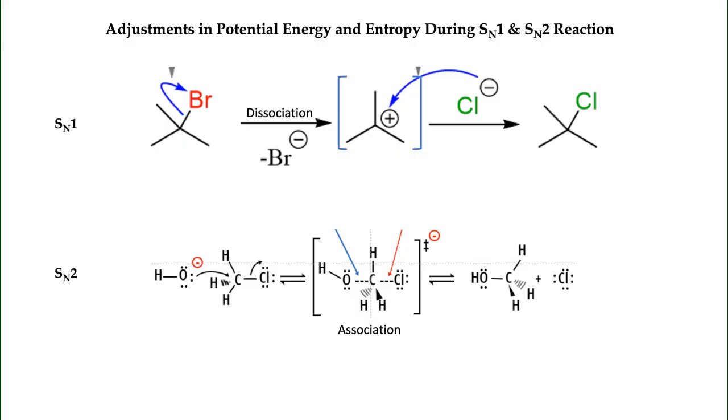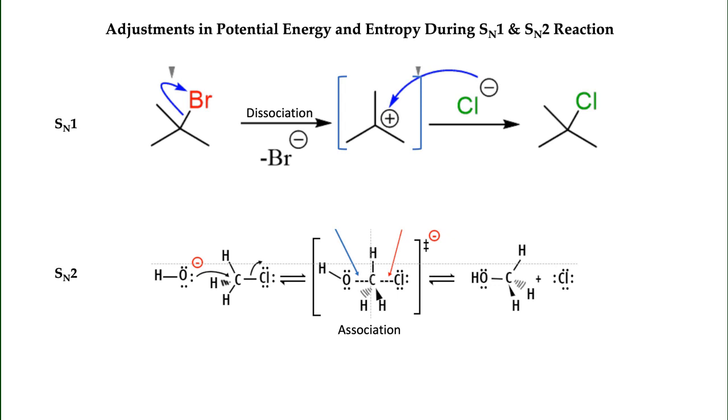We all learn SN1 and SN2 in organic chemistry classes, and we always explain that in SN1, usually a tertiary carbon attached to a leaving group dissociates to generate a cation which is stable because of the steric hindrance, a stable tertiary cation, and then generates the product.